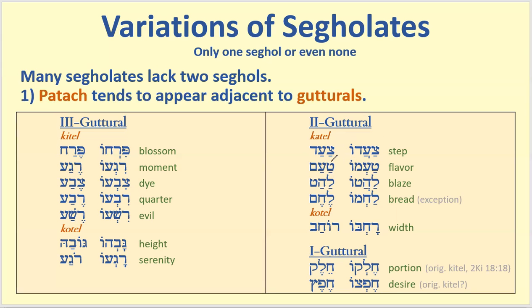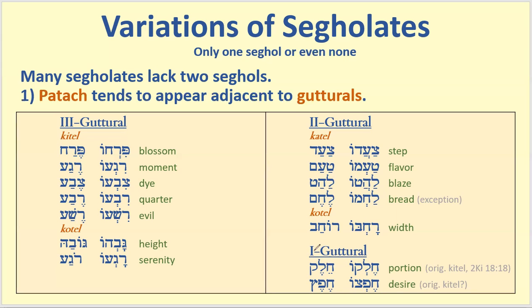Here we get ta'am, flavor, ta'mo, or lahav, lahat, blaze, and lahato. Now, bread seems to be an exception. Lechem, however, its original vowel was a patach, lachmo. Here's a qotel form, rochav, and rochbo, his width.